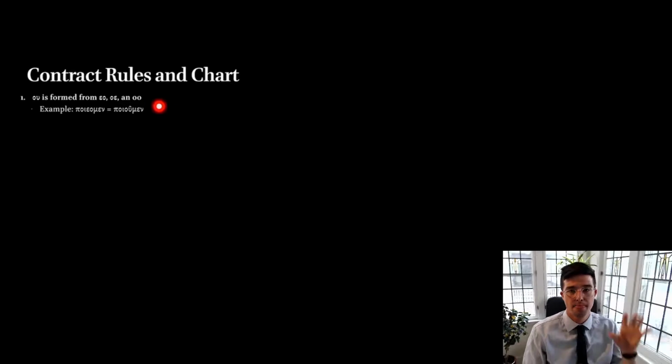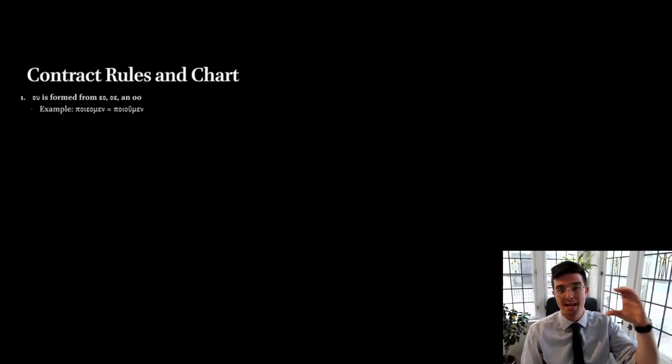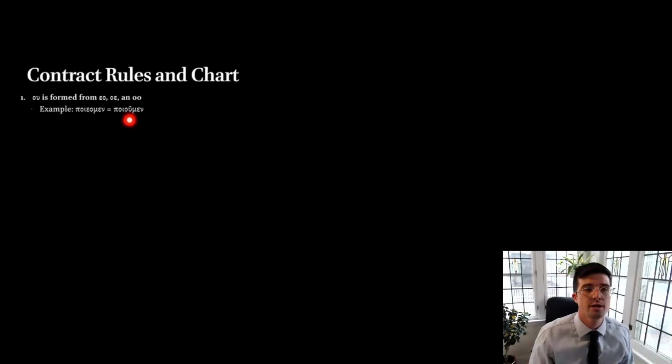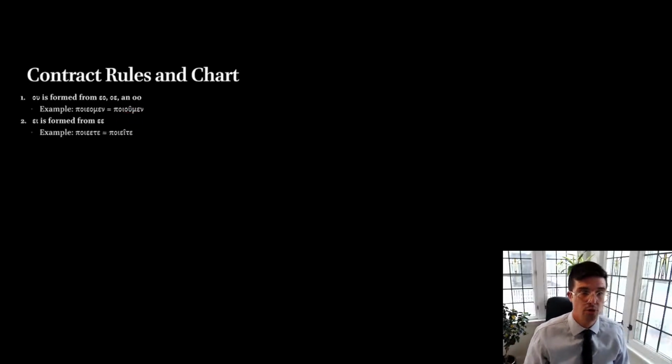So poieo is our contract verb for an epsilon stem, and when the omen ending is added on, the epsilon at the end of the stem contracts with the omicron of the ending to make ou here. And you'll notice that the circumflex accent is over the resulting ou.